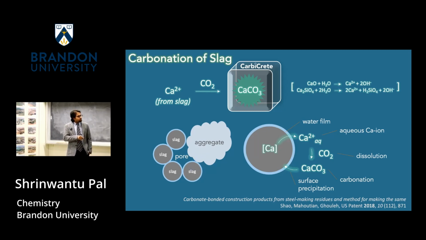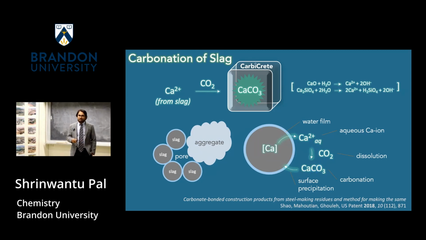Within this boundary between every slag particle and pore, you have a very thin film of water through which the calcium, unreacted calcium, percolates and comes out into the pore or the aqueous solution surrounding the slag particles. In that aqueous environment, the calcium undergoes reaction with CO2 in the presence of water to form calcium carbonate.